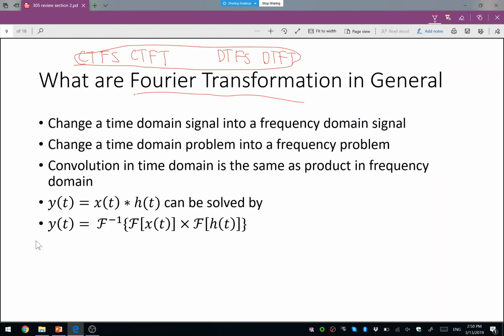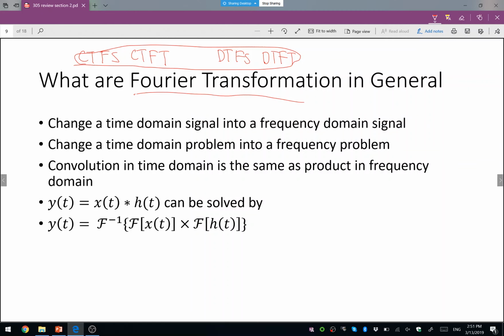The exact usage is like this: in the time domain, the output of an LTI system is the convolution of the impulse response and the input signal. Because convolution is hard to compute, we want to transform this problem into the frequency domain. In the frequency domain, convolution becomes a product.